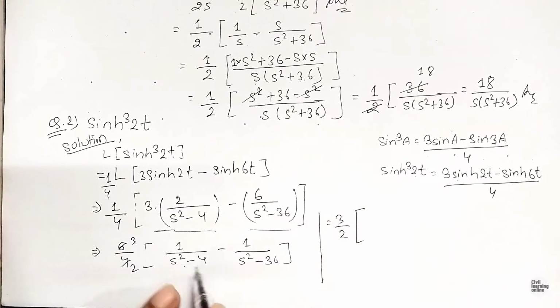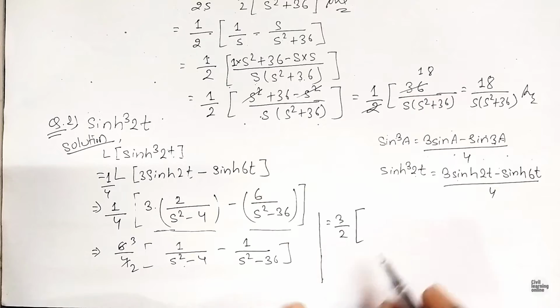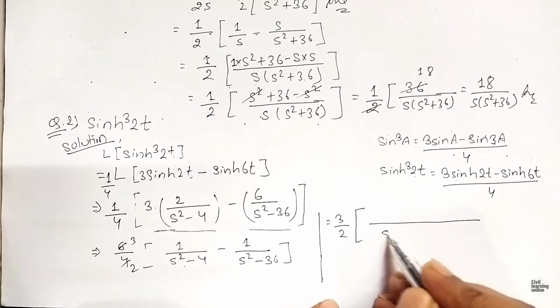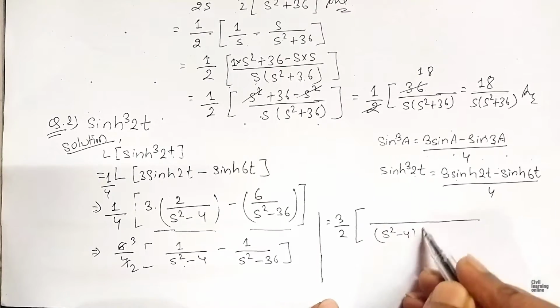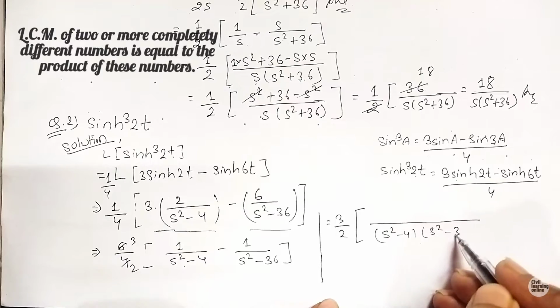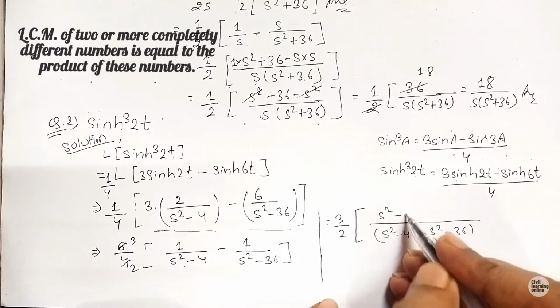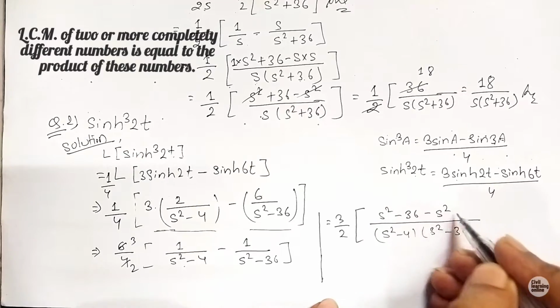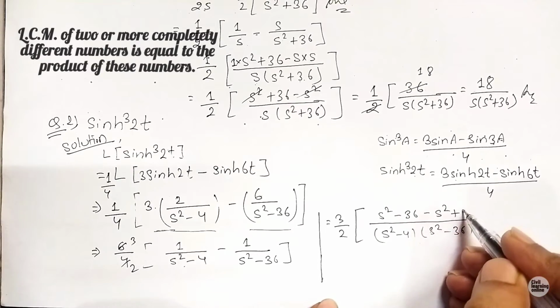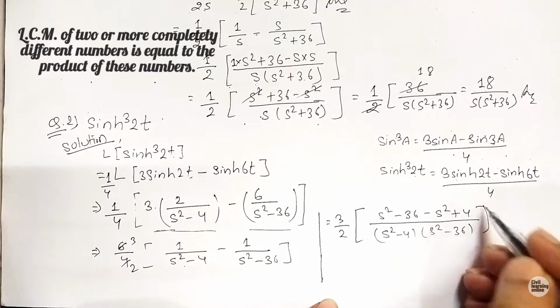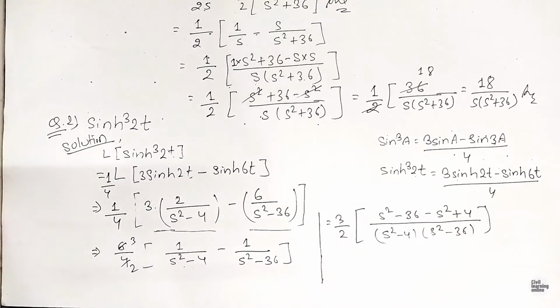Now take the LCM of s square minus 4 and s square minus 36. So we will have here s square minus 4 times s square minus 36, times s square minus 36 minus s square plus 4. How this came I am going to explain now.